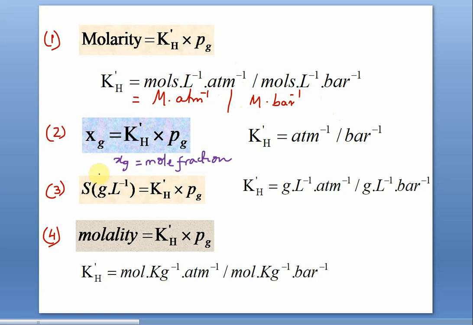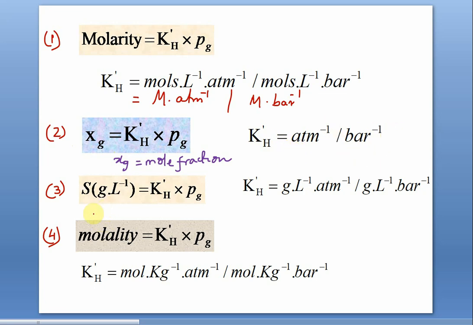If solubility is expressed as a mole fraction, like the previous case where Xg was on the right side, it will be simply a number, so it will be simply atmosphere inverse or bar inverse.